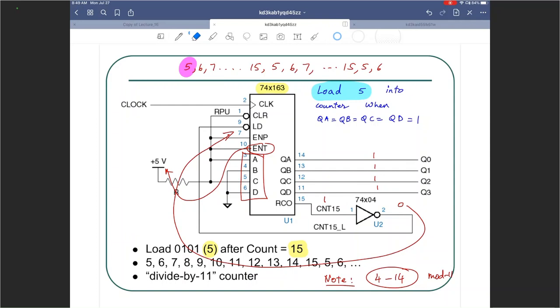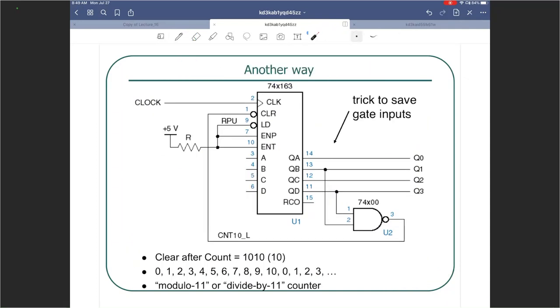So clock as usual, clear connected to, no, I'm recording using some other software. Clock is connected to the clock input here. My load is connected to high, which means I never load, always enabled, right? Never load, always enabled.